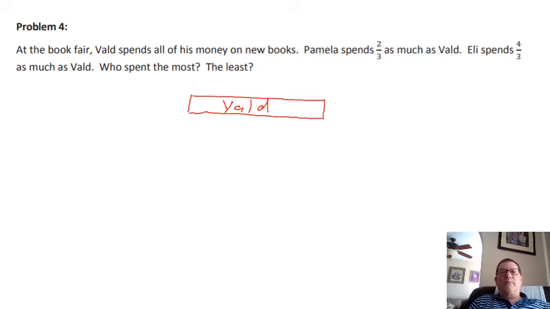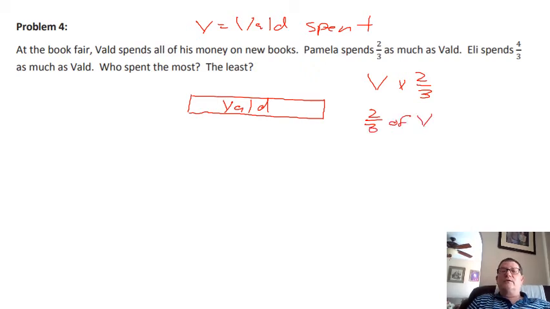Now Pamela, I know she spent 2/3 as much, so 2/3, and I'm just going to use V for Valid because V will stand for how much Valid spent. So V times 2/3 is going to result in 2/3 of V. So this here would be approximately what Pamela spent.